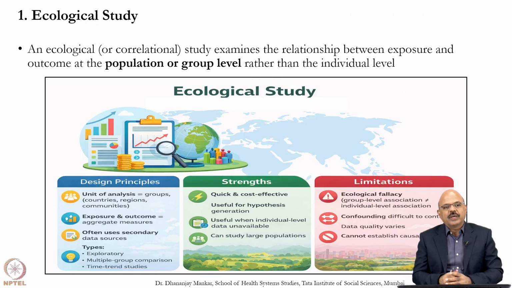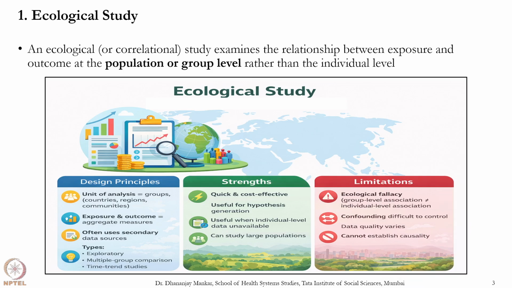The ecological study, or a correlational study, examines the relationship between exposure and the outcome at the population or group level rather than in an individual person. Ecological study comes with a lot of different design principles, it has great strengths and a few limitations.